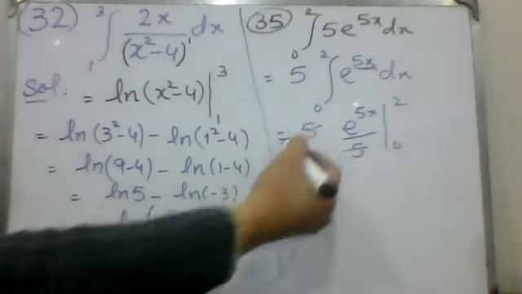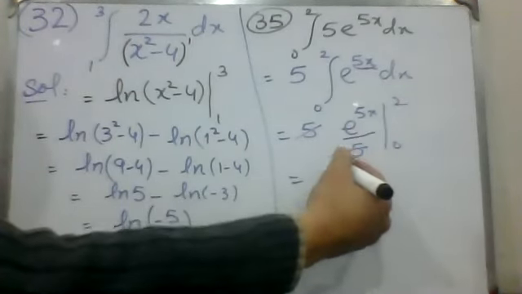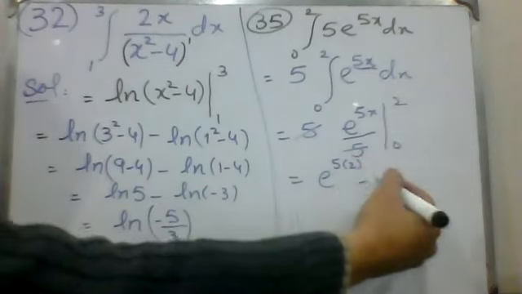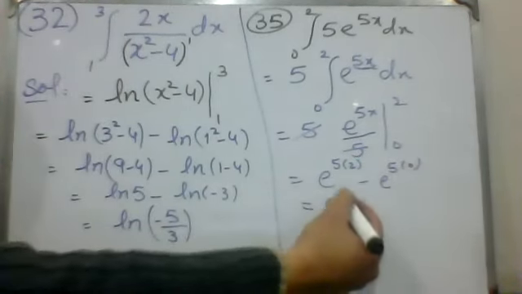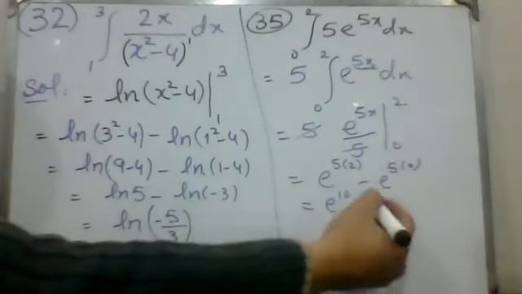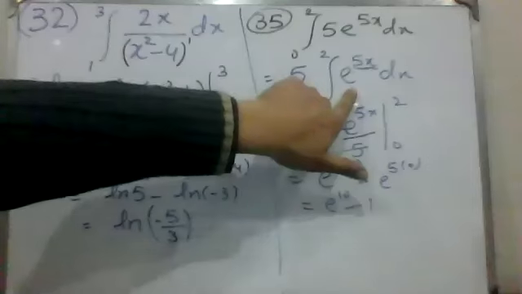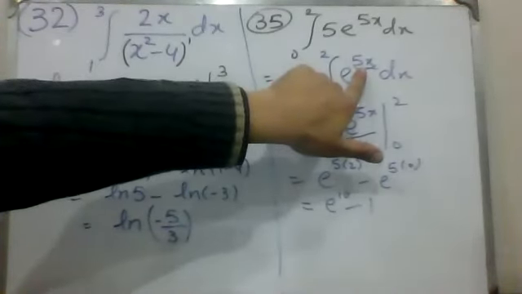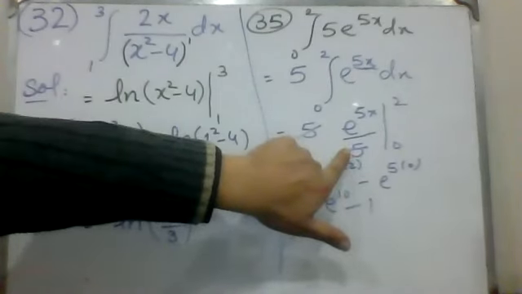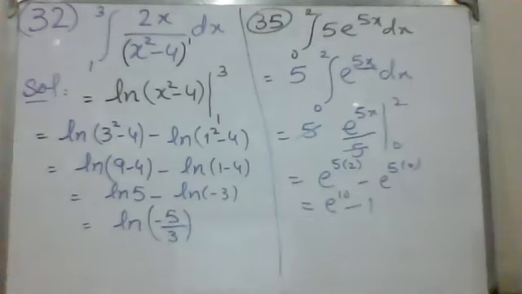That 5 cancels with that 5 term. So we put in the place of x, 2: e power 5 into 2, minus e power 5 into 0. So e power 10 minus e power 0, which is 1. So that is our required answer. Integral of exponential is the same, but its power derivative is 5, so we write in the denominator 5 to cancel that term.